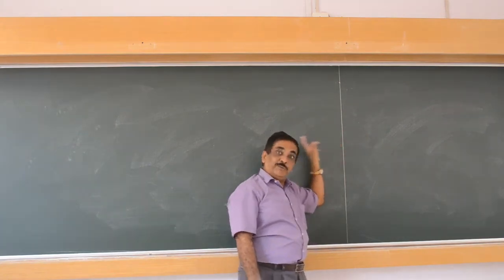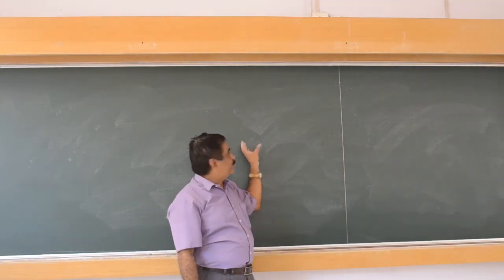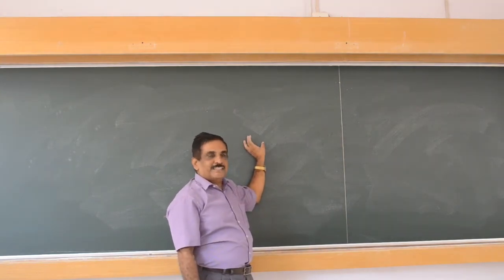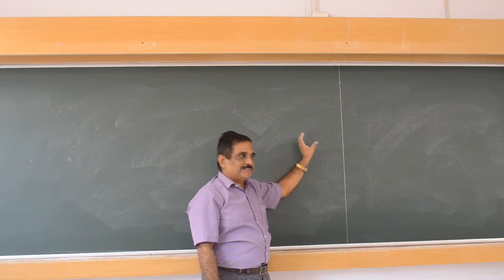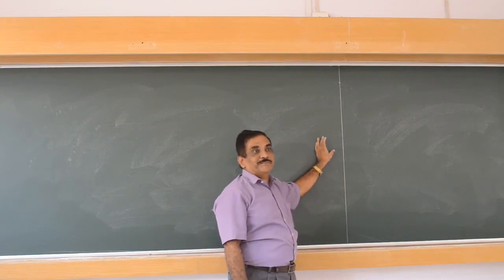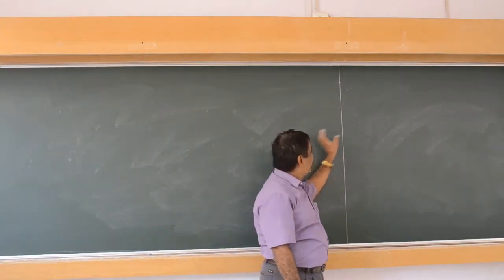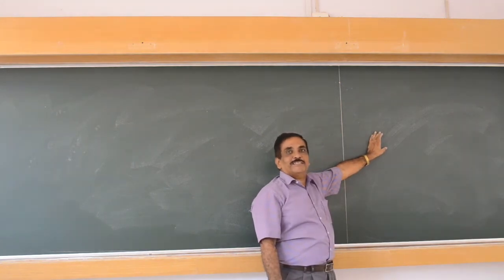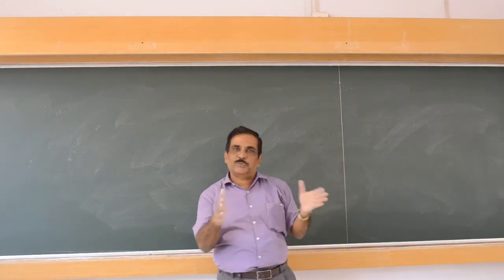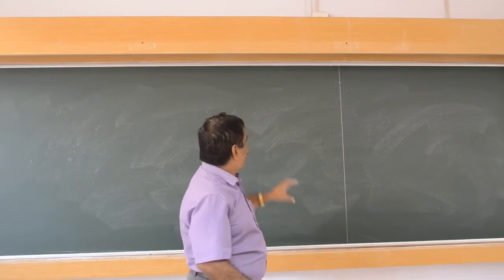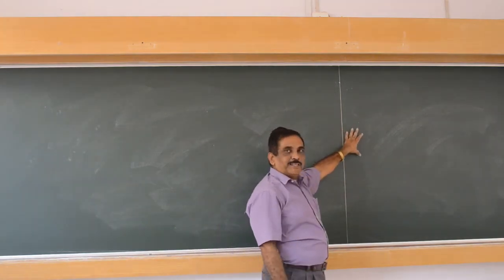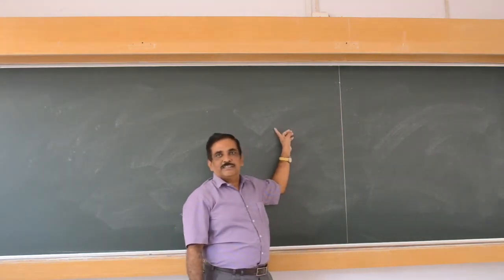So all these three can be correlated: how much pseudotachylite material is there, how much heat is generated, and how much slip has taken place. All these things have formulas and equations, so you can find out how much slip has taken place along a fault plane to generate such pseudotachylites. So those are being done.